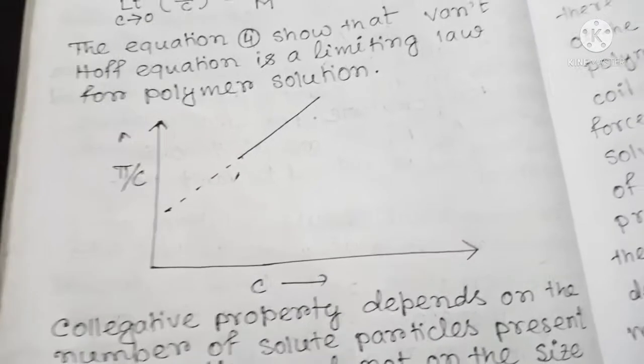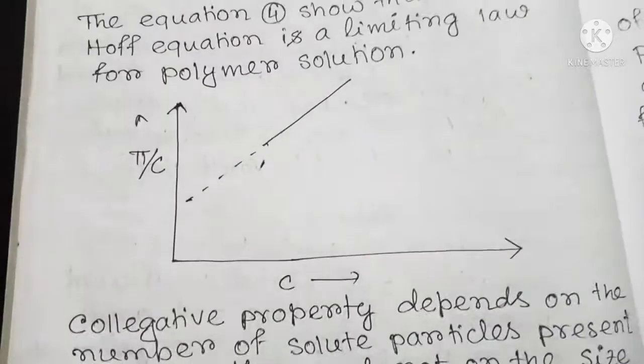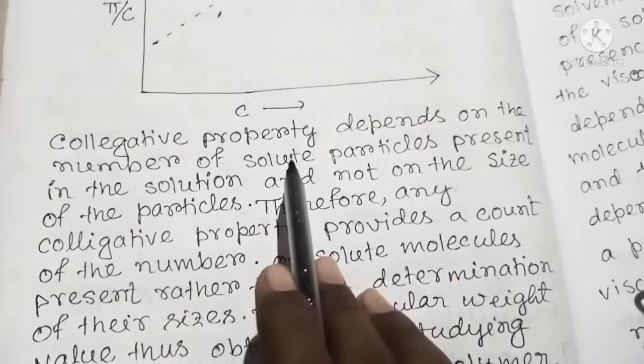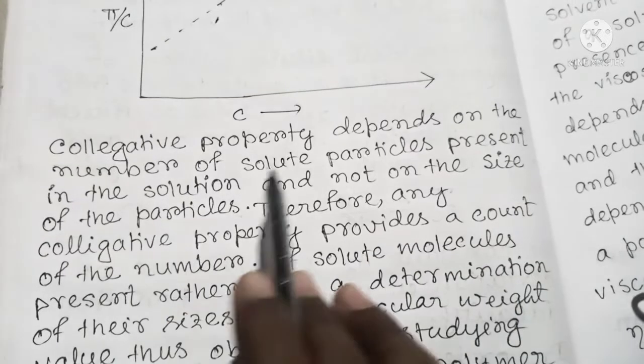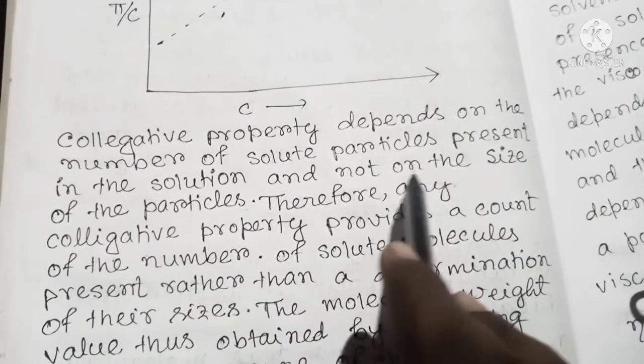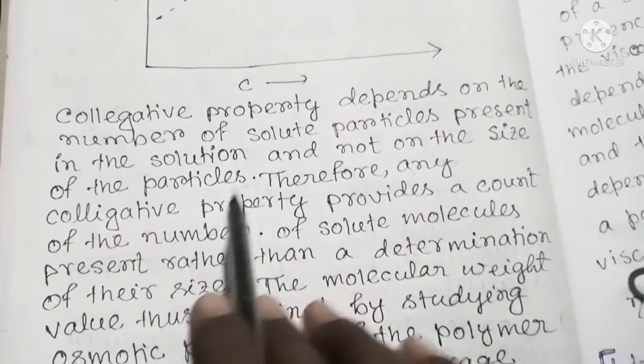It is the graph of pi by C against C, and we get this type of graph. A colligative property depends on the number of solute particles present in the solution and not on the size of the particles.